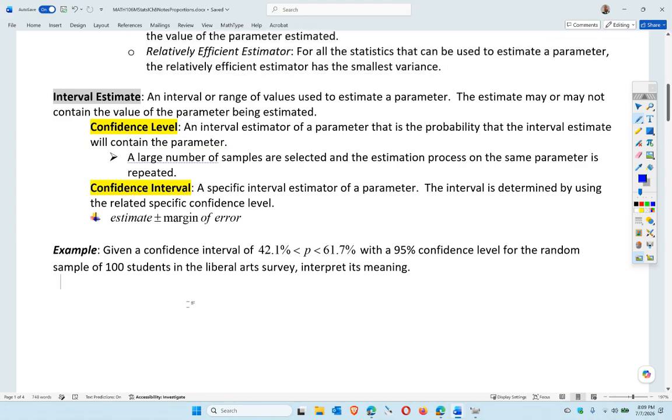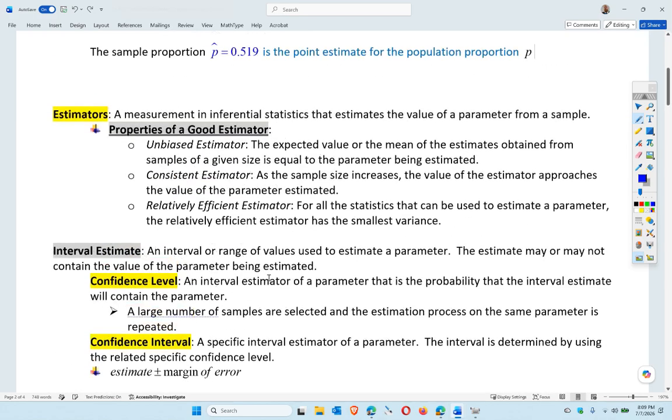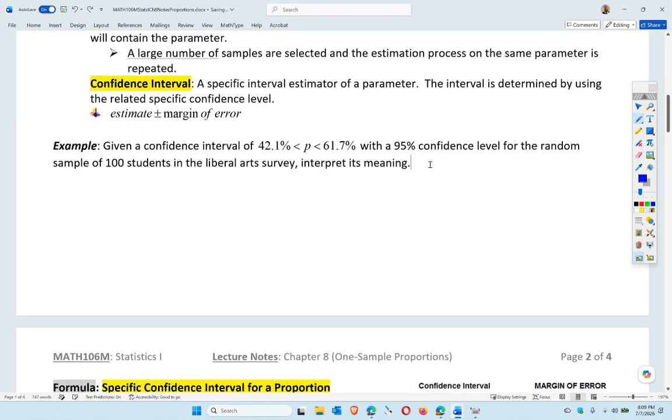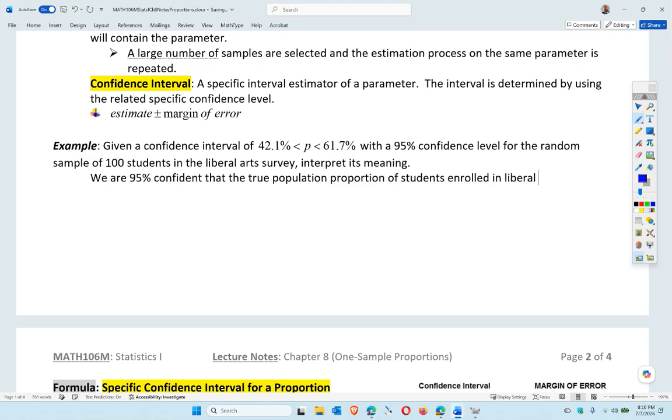Okay, so we're eventually saying, we are 95% confident that the true population proportion of students enrolled in liberal arts is in the interval 0.421, comma 0.617.